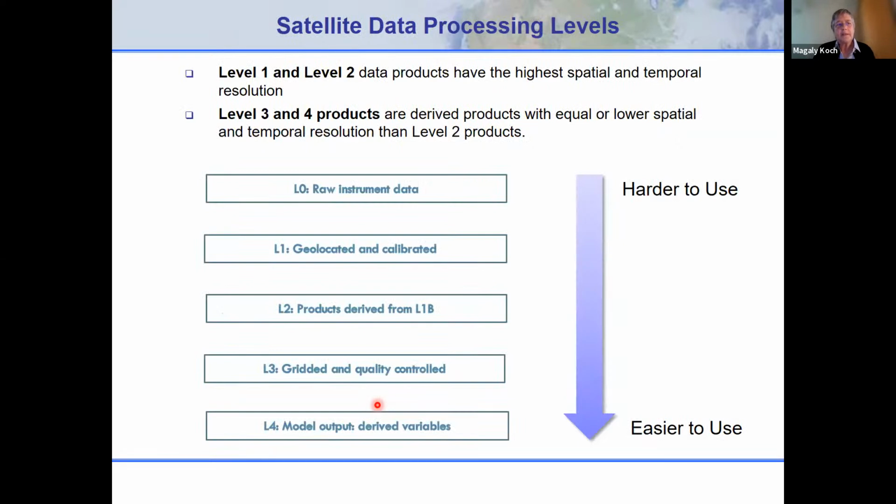The user nowadays, and that was actually not the case when I was a geology student, we didn't have so many choices, but nowadays the user has an incredible selection of images to choose from.